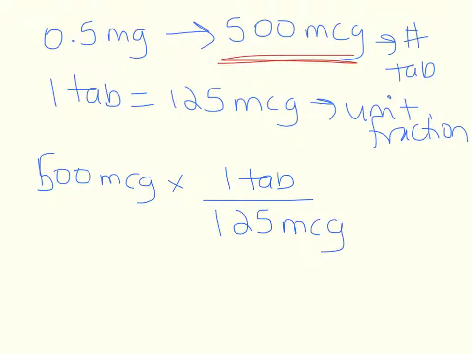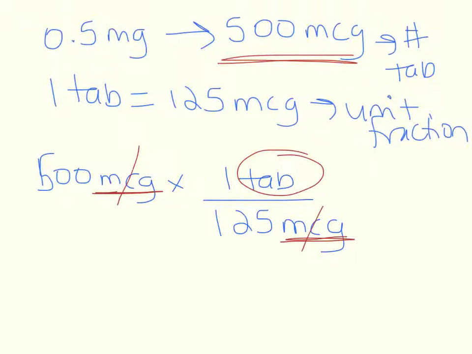Now again, before even going ahead with the calculation, let's make sure that the microgram units will cancel each other out, because we're now just interested in understanding our microgram equivalent to the number of tablets. That's what the question was asking us originally, and that's where we're now at. So yes, if we look, we've got a microgram in our numerator here, but we also have a microgram in our denominator down below, so those two do cancel each other out.